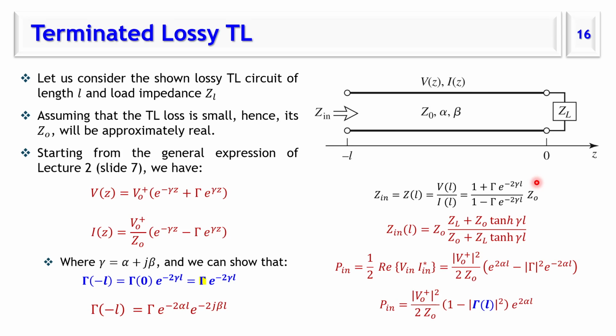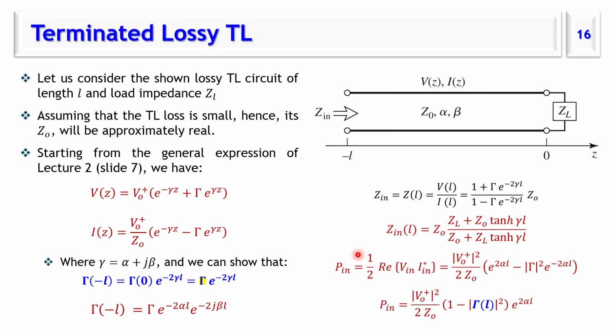So we'll have this expression or that expression. Notice that here it is tanh, a hyperbolic tangent, of gamma L. Before that we had j tan beta L, but now this is the expression for a lossy transmission line.